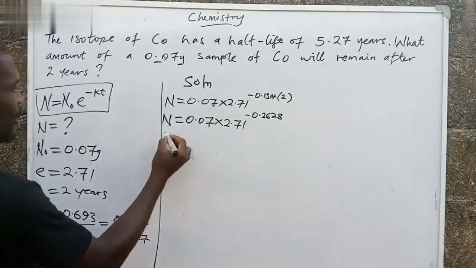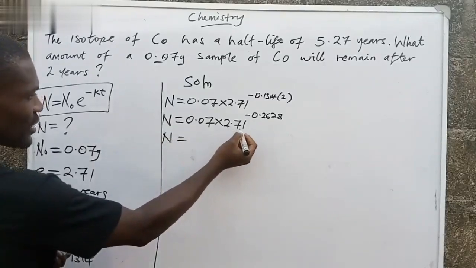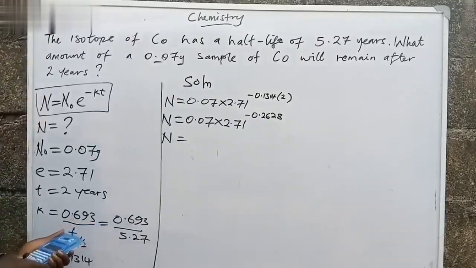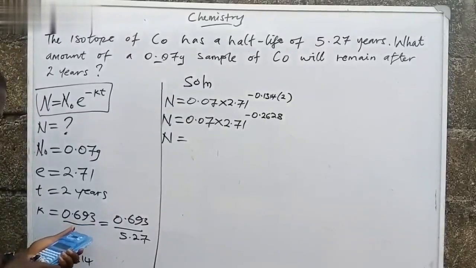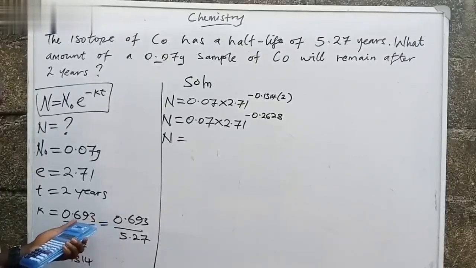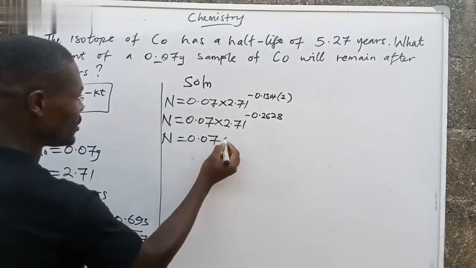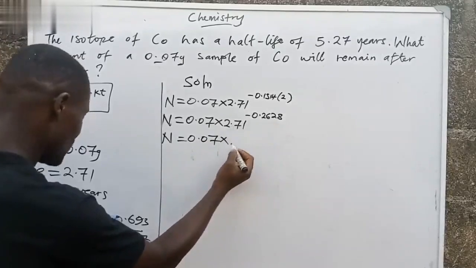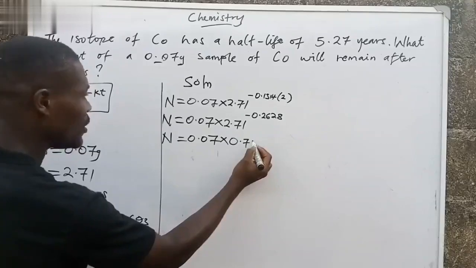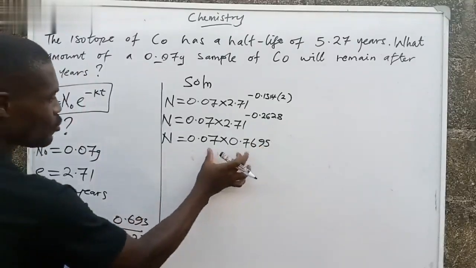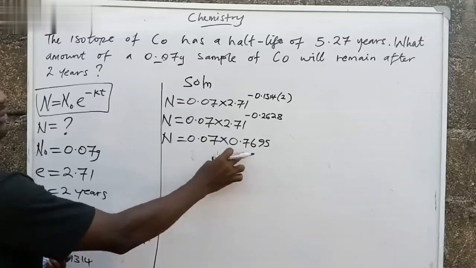Then we have to raise 2.71 to this power, minus 0.2628. 2.71 raised to the power of minus 0.2628 would be equal to 0.7695. So here we have that N is equal to 0.07 times 0.7695. Now, we need to multiply these two figures.